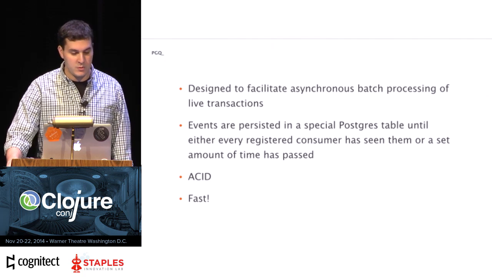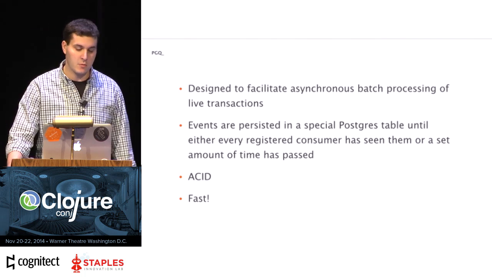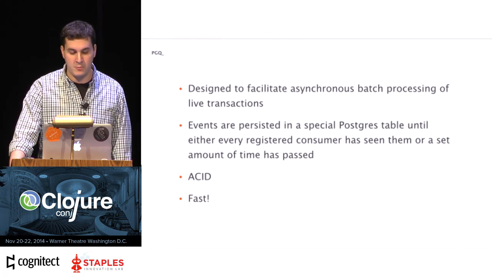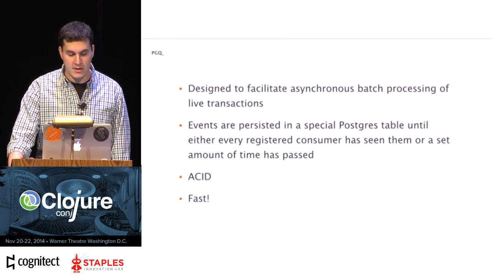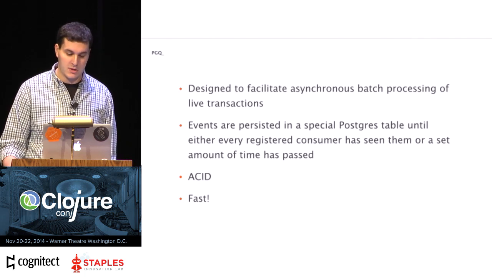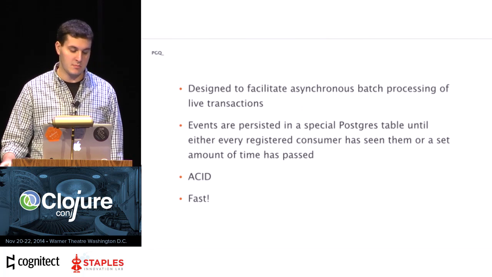And so what we did is we wrote a database trigger, which is the same way Londiste works, that fires on every insert, update, or delete. And when that trigger fires, it inserts what changed into this queue, and we can consume that on the back end and use that to power our external systems.